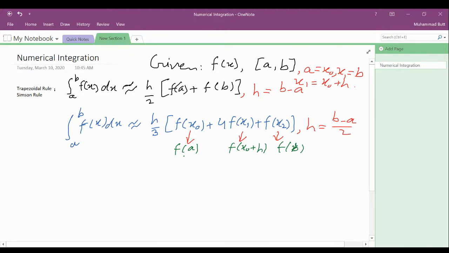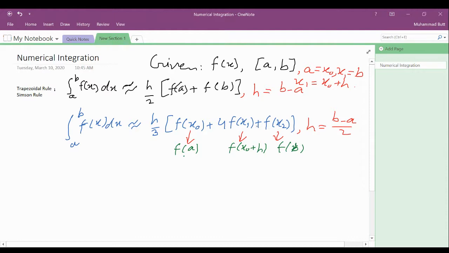For the trapezoidal rule h was b minus a, just for one interval, and for the Simpson rule h is b minus a over 2. It is like the average, because we now have 3 points, which means two intervals, x0 to x1 and then x1 to x2.